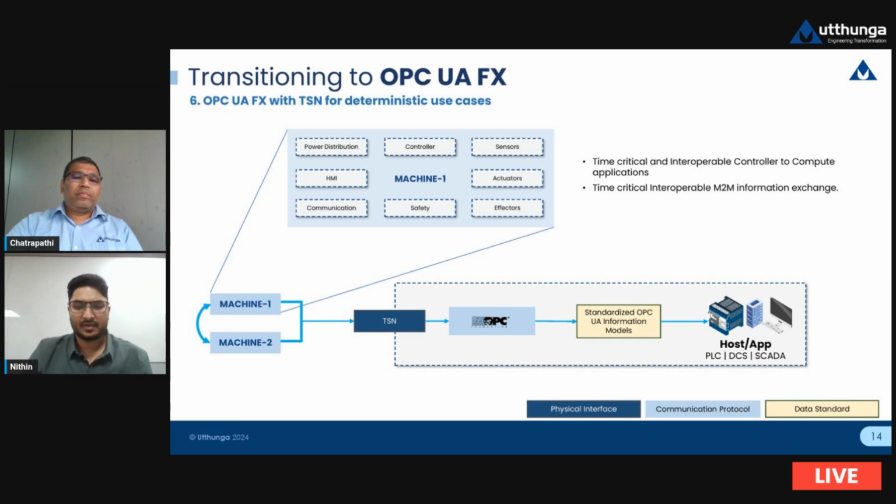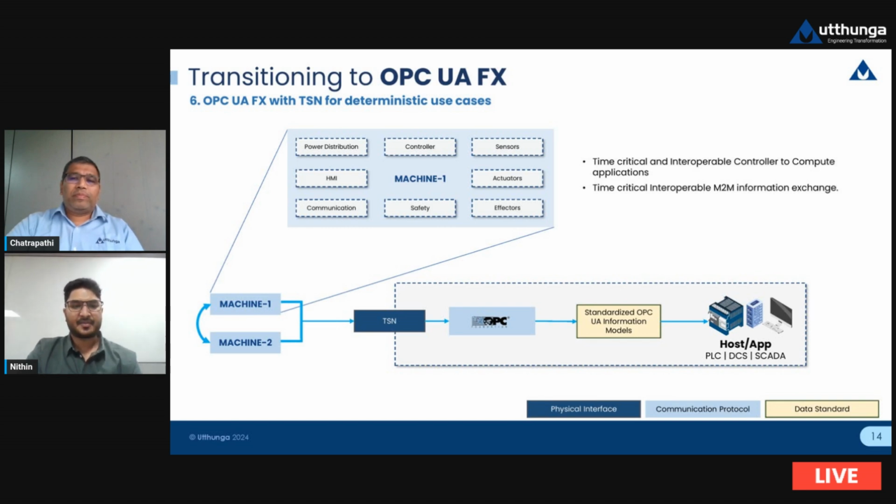Perfect. Thanks for summing up that six step journey from the initial state. Again, like you said, different OEMs could be in different states, and the starting position could be different in terms of their current situation.